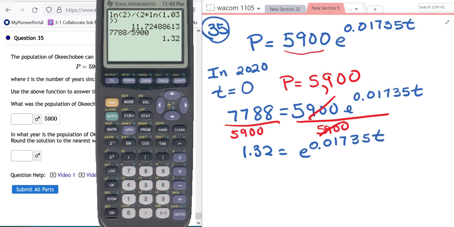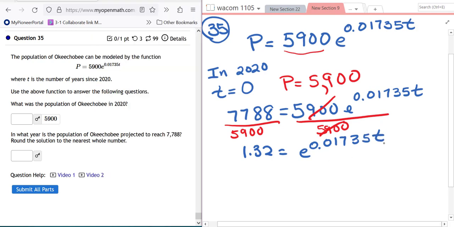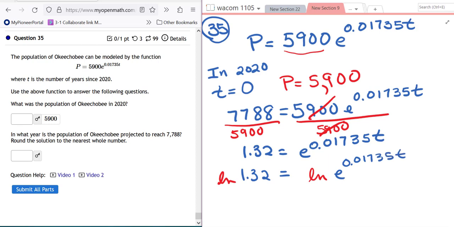All right, and now we are ready to solve for our t. And so we need to take a natural log of both sides to get the t to come down. So I'm going to take a natural log here and a natural log over here of 1.32 equals natural log of e to the 0.01735 t. All right, that will make this piece come down.